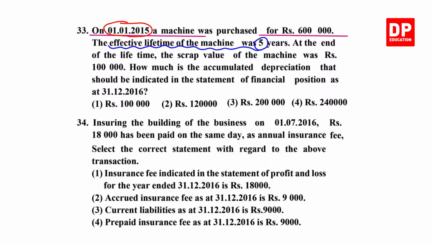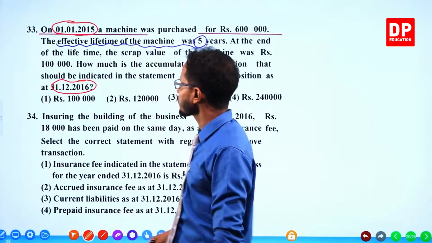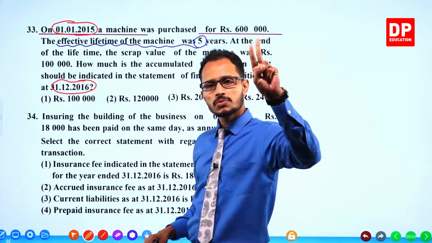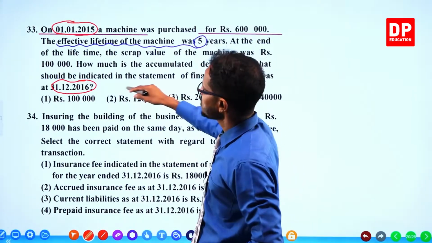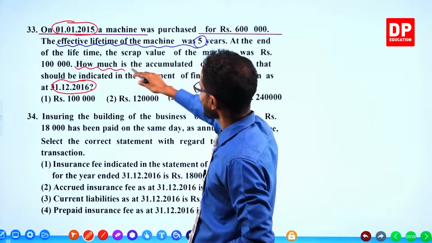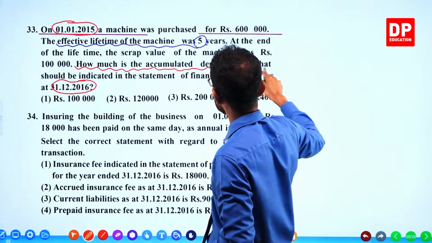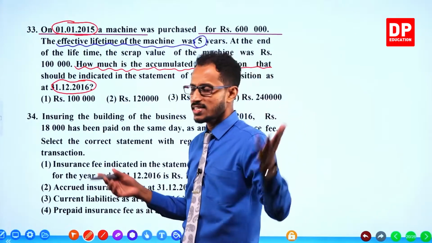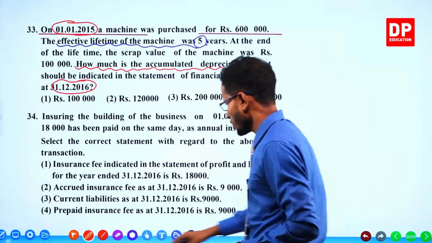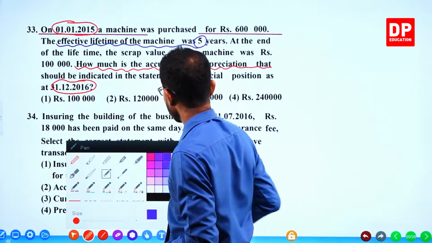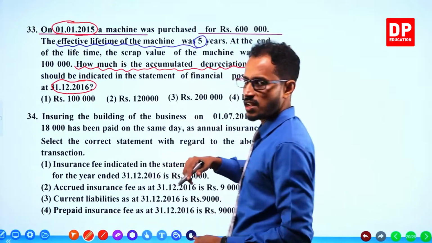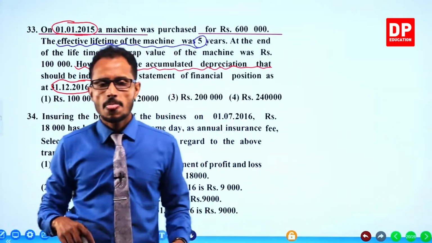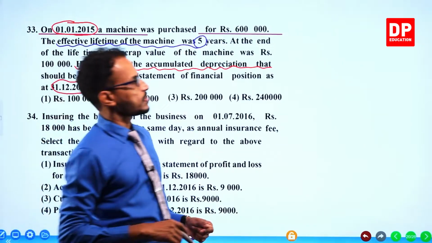Second year is 2016. So, 2 years, 2015 and 2016. They are asking the accumulated depreciation, which means the total accumulated depreciation for the 2 years. It's easy. We know the formula. So, use the formula for annual depreciation.